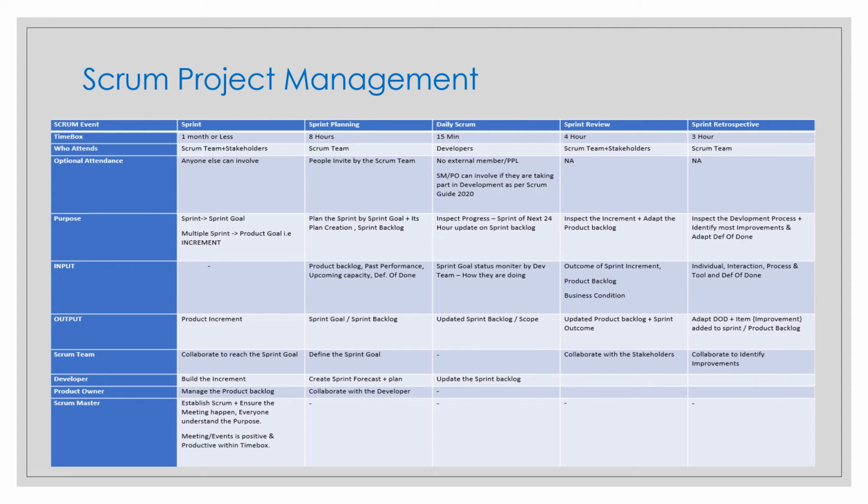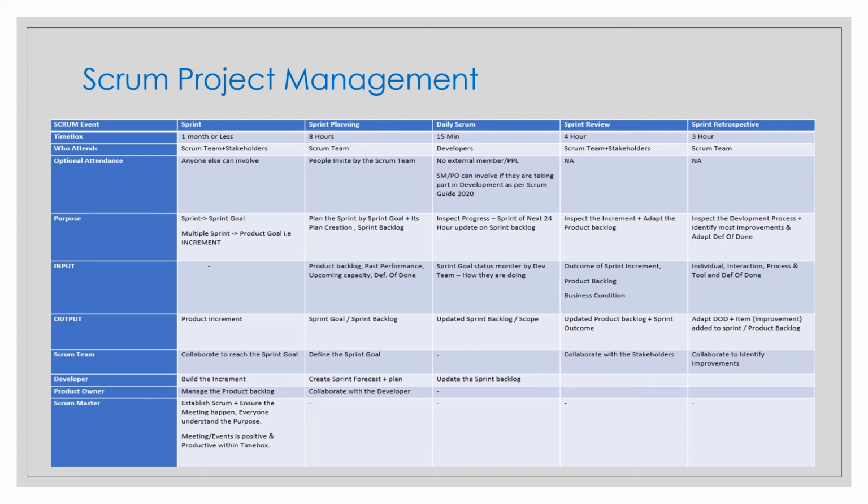Here, the purpose of the sprint retrospective, as the last sprint event, is regarding people, relationships, processes and tools, and usually they adapt the definition of done, with most of the improvements identified from what went well and potential improvements. This is from the Scrum Guide 2017.